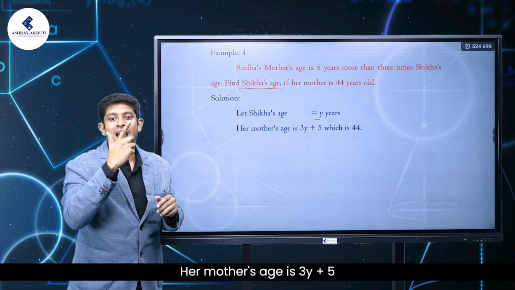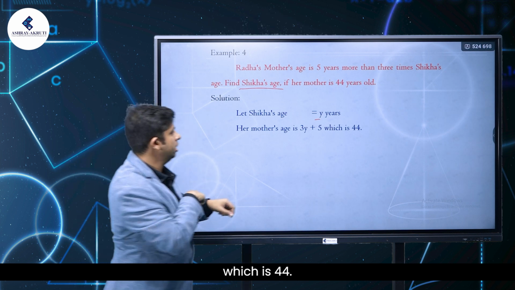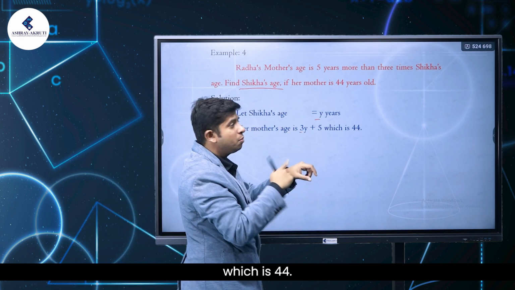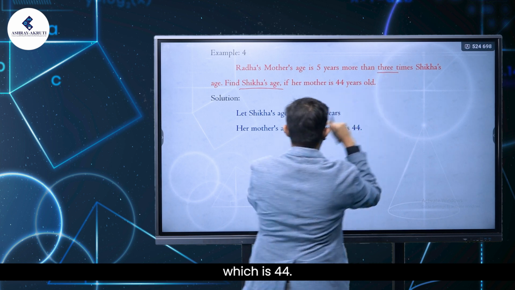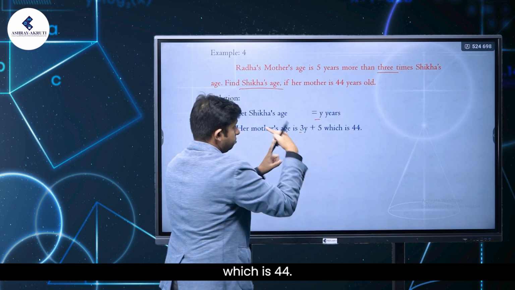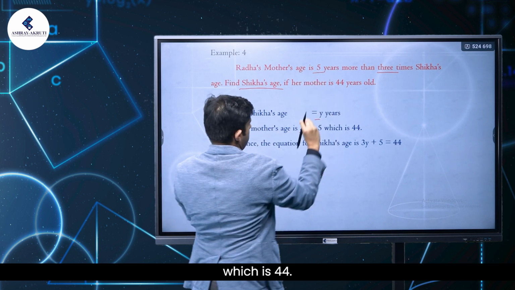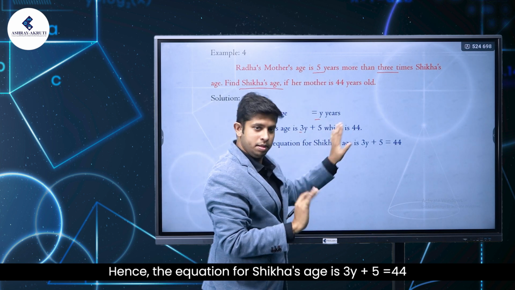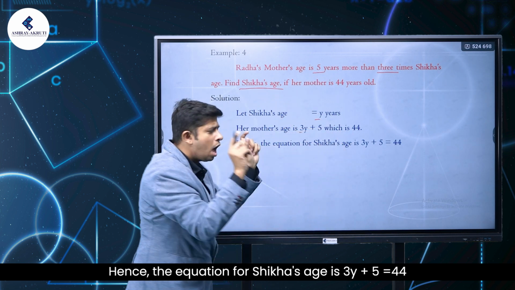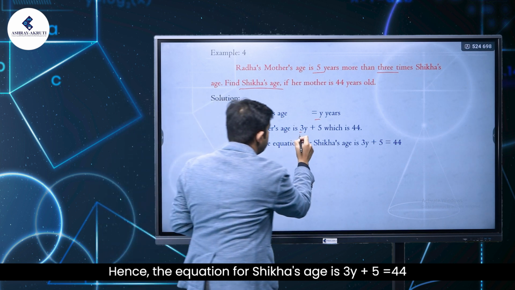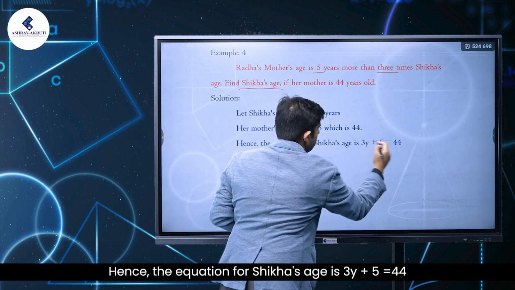Her mother's age is 3y plus 5, which is 44. Hence, the equation for Shika's age is 3y plus 5 equals 44.